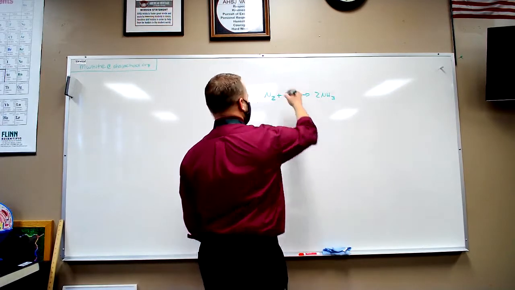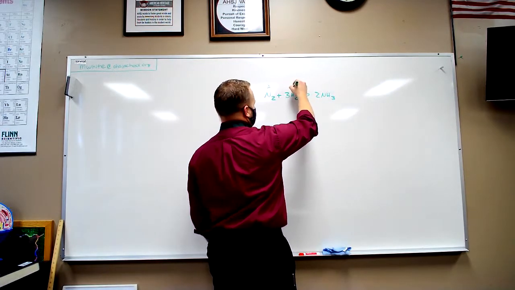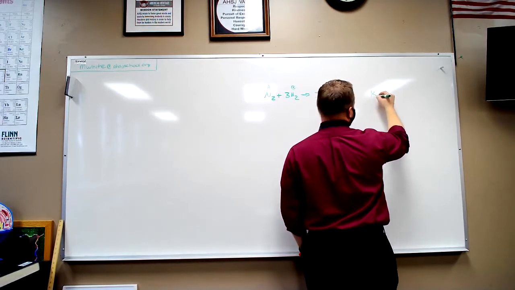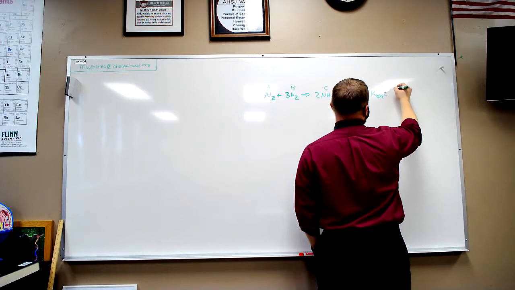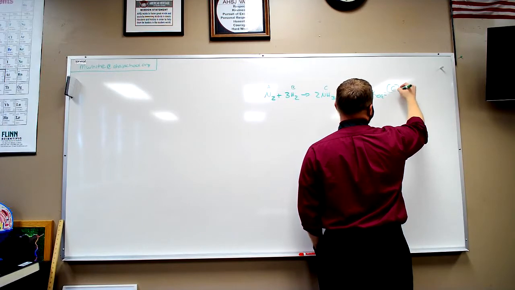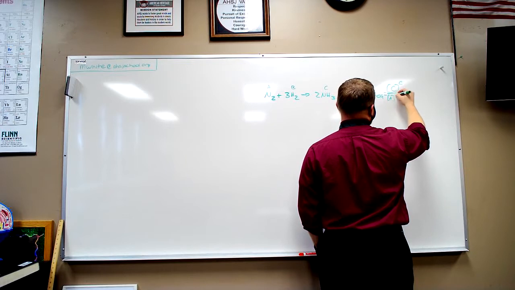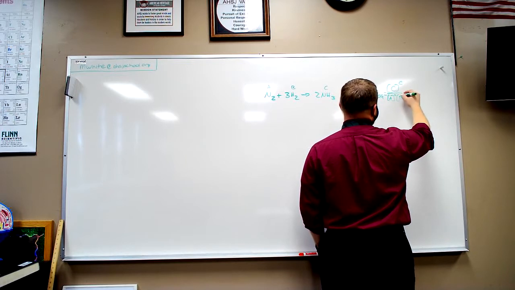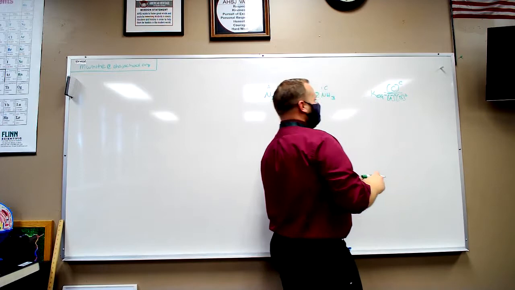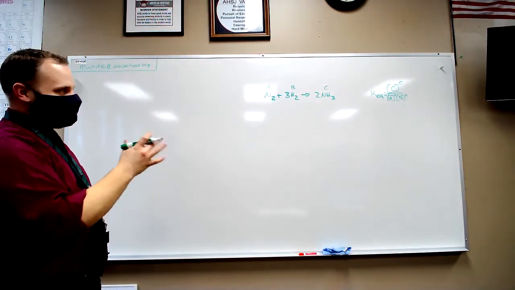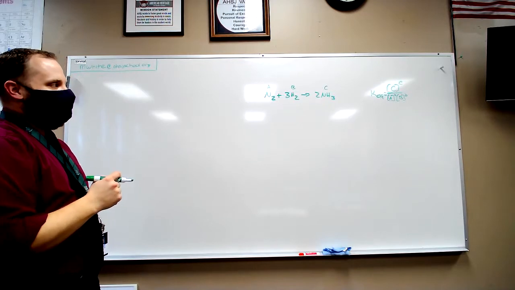So they would say, okay, this is A, this is B, and this is C, which tells us that K equals C raised to the C, and A, B. So if following that pattern helps you figure it out, go for it.